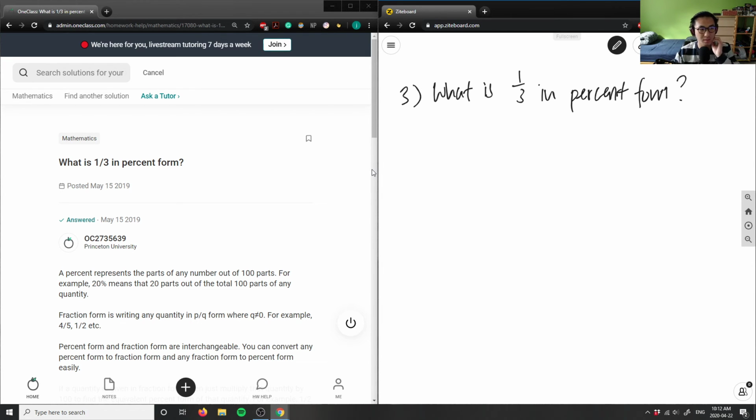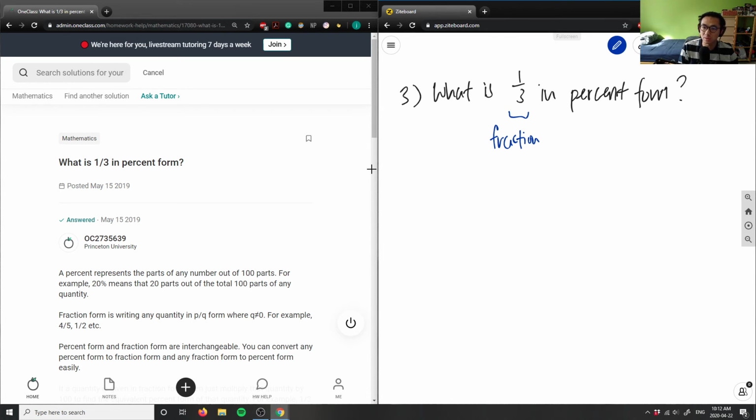You can go from fraction to percent. We have a fraction here. So we can do fraction to decimal to percent. Usually I would prefer to do fraction into decimal into percent because decimal to percent is a very easy conversion.